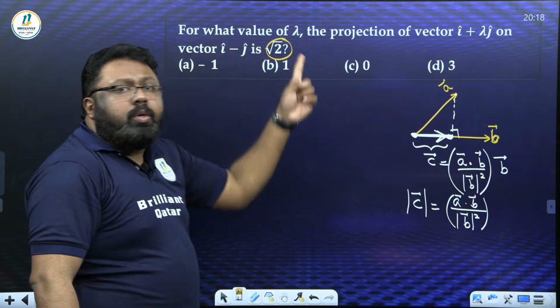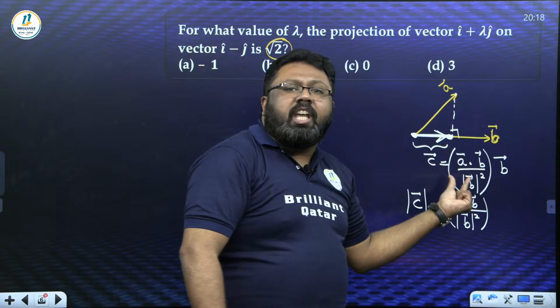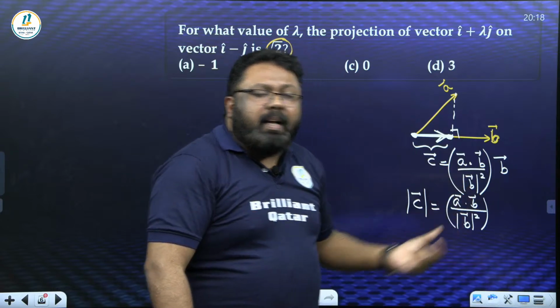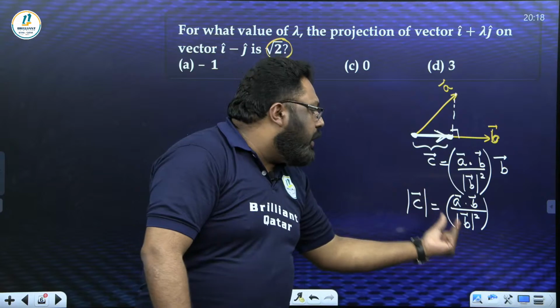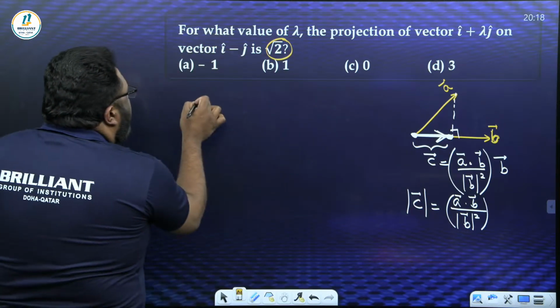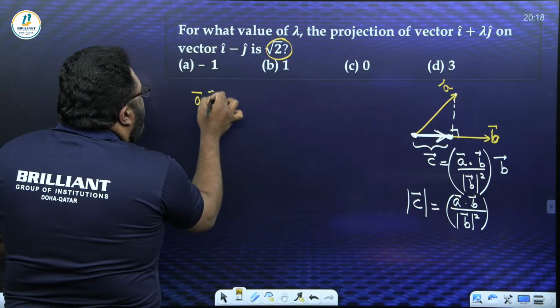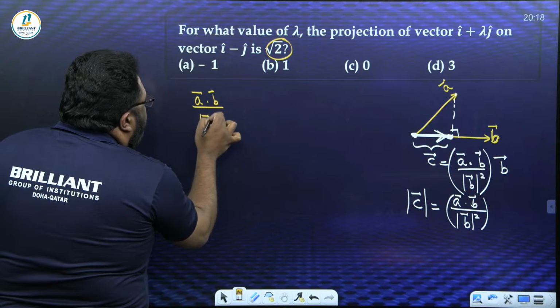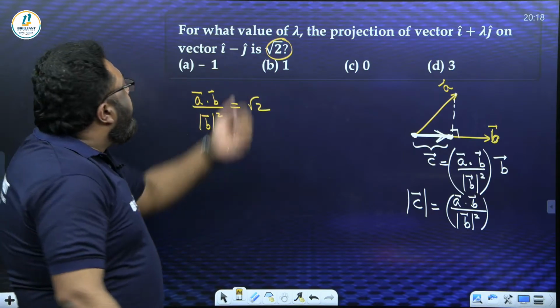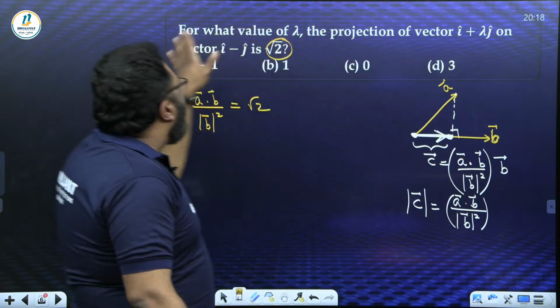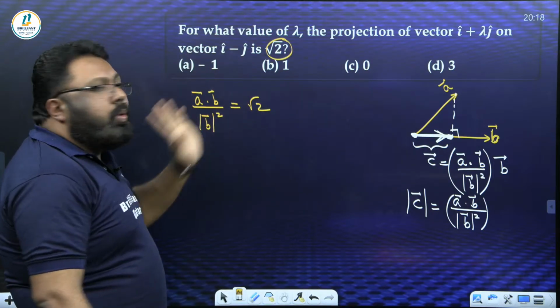Now here, find the value of lambda if the projection of this on this is root 2. So when they say root 2, they are not talking about the projection vector, but they are talking about the projection magnitude, that is A dot B divided by magnitude B squared is equal to root 2.